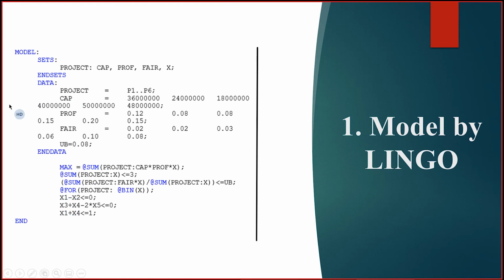In project, we have capacity, profit, the percentage of failures, and variables. In the data, we must declare from product 1 to product 6. For the capacity, we have the weight of each product. The profit and failures are the percentage of profit and the failures.